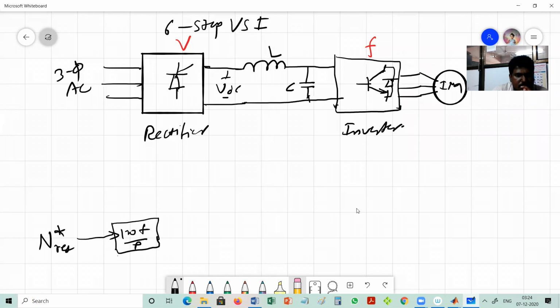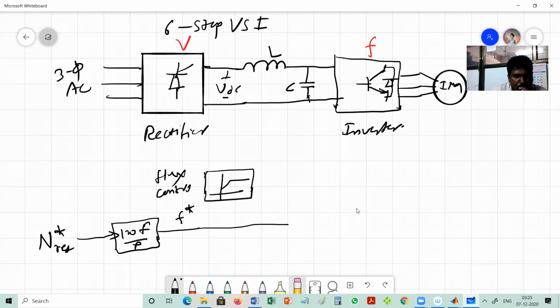The number of poles is known. For a known number of poles we can calculate the frequency f star. From this f star, using the lookup table or flux control block, which is a flux controller, or we can say a lookup table, a voltage magnitude V star will be selected.